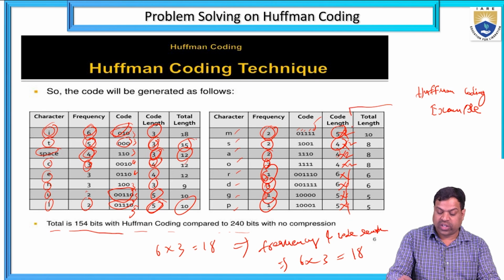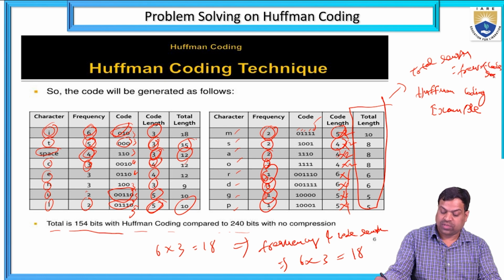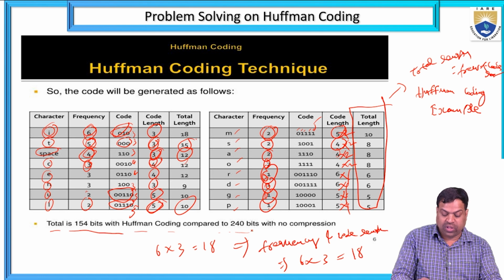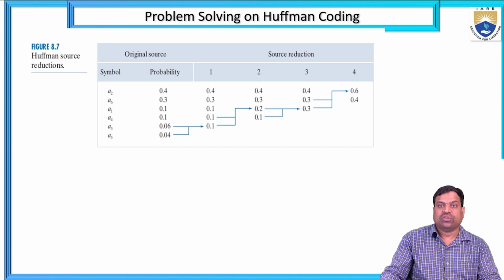So what is the formula? Total length equal to frequency into code length, compared to 240 bits with no compression. So it is one example.